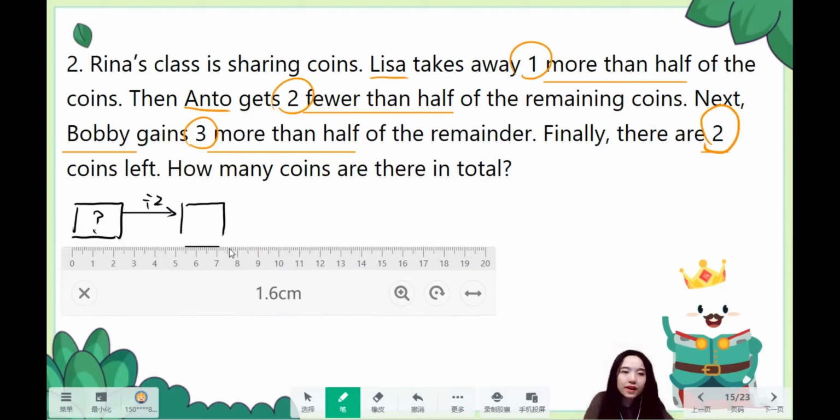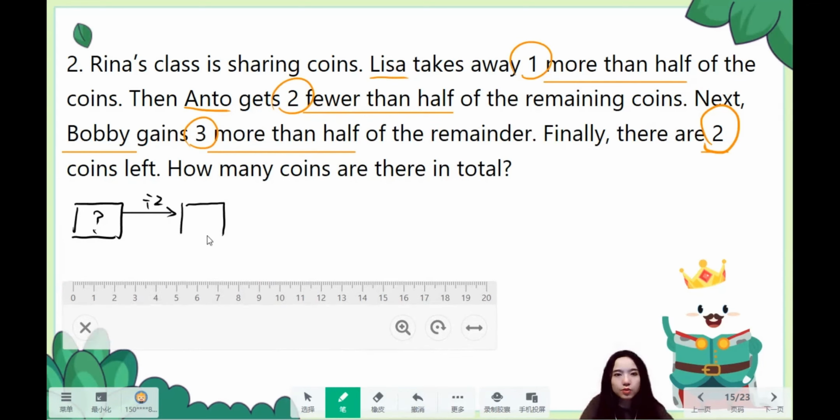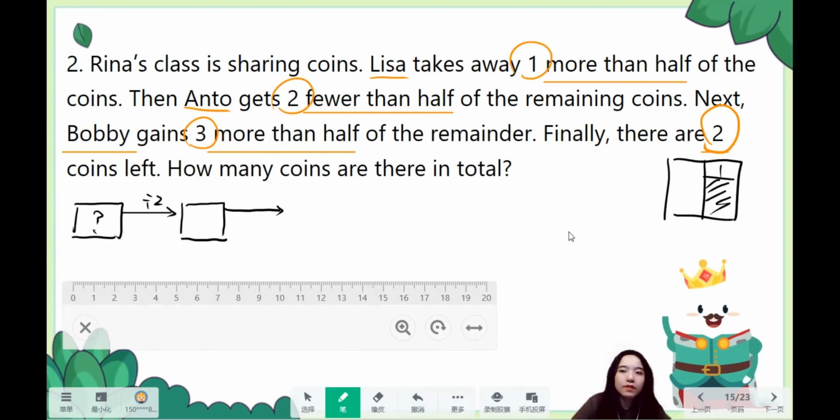Then, since he took one more than half, the remaining amount should be 1 less than half, so minus another 1. Then here, Anto gets 2 fewer than half of the remaining coins, so get half of the remainder.